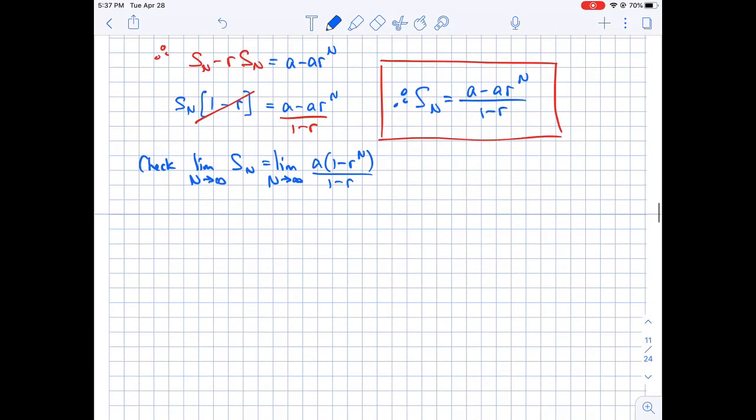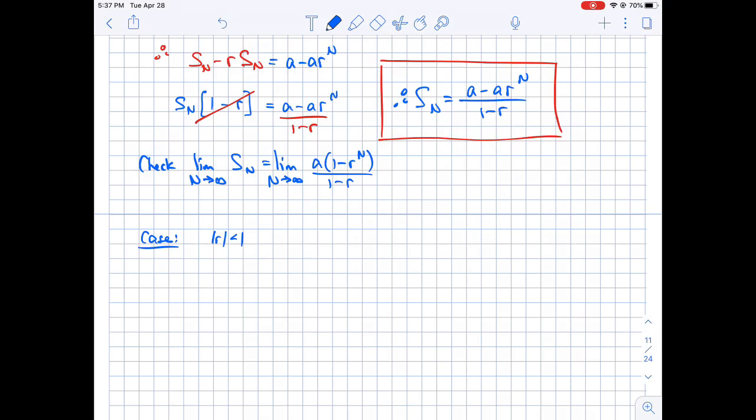So now let's take a look at what happens. So here we're going to add in 2 more cases. In this case we're going to take a look at when the absolute value of r is going to be less than 1. What happens if the absolute value of r is less than 1? If we have a small value of r, what happens?